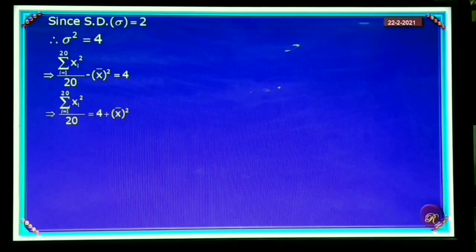This implies summation of xi square, i is equal to 1 to 20, divided by 20 minus square of mean is equal to 4. This implies summation of xi square divided by 20 is equal to 4 plus square of x bar, is equal to 4 plus 100, that is 104.